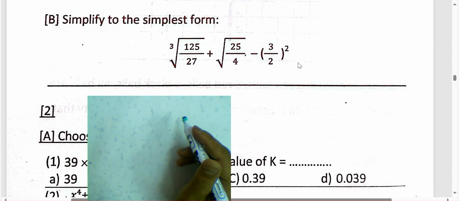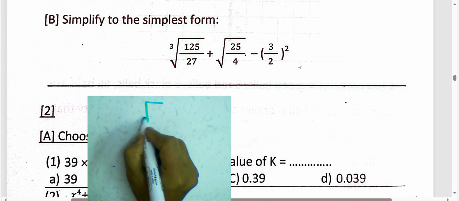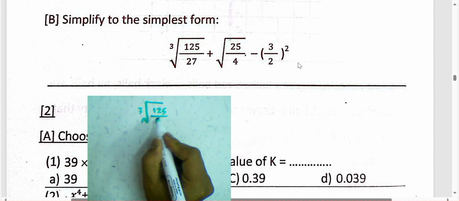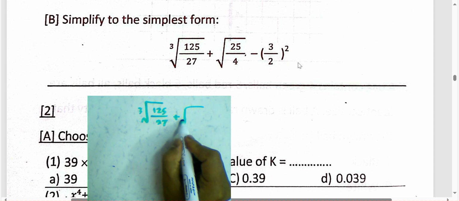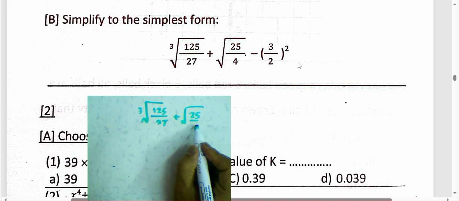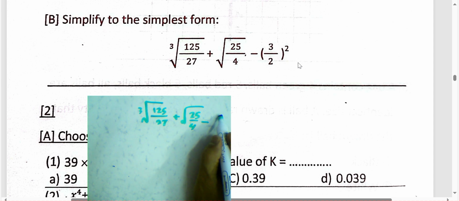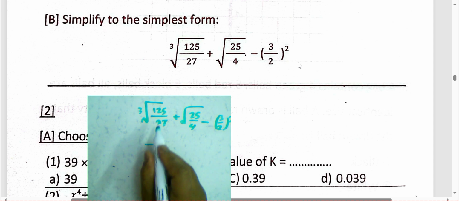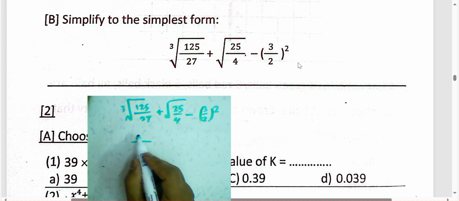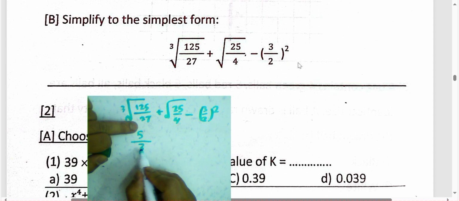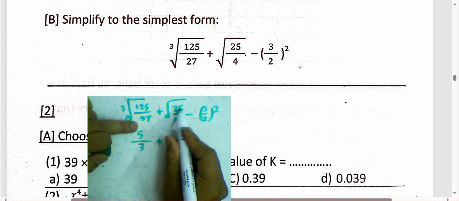Simplify to the simplest form: cubic root of 125 over 27 plus square root of 25 over 4 minus 3 over 2 power 2. Cubic root of 125 is 5. Cubic root of 27 is 3. Square root of 25 is 5.